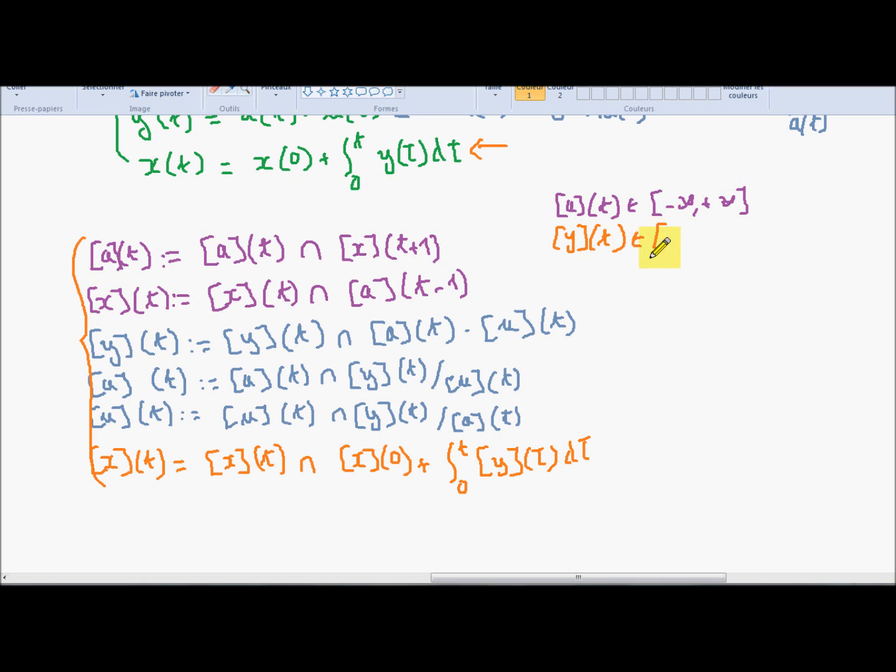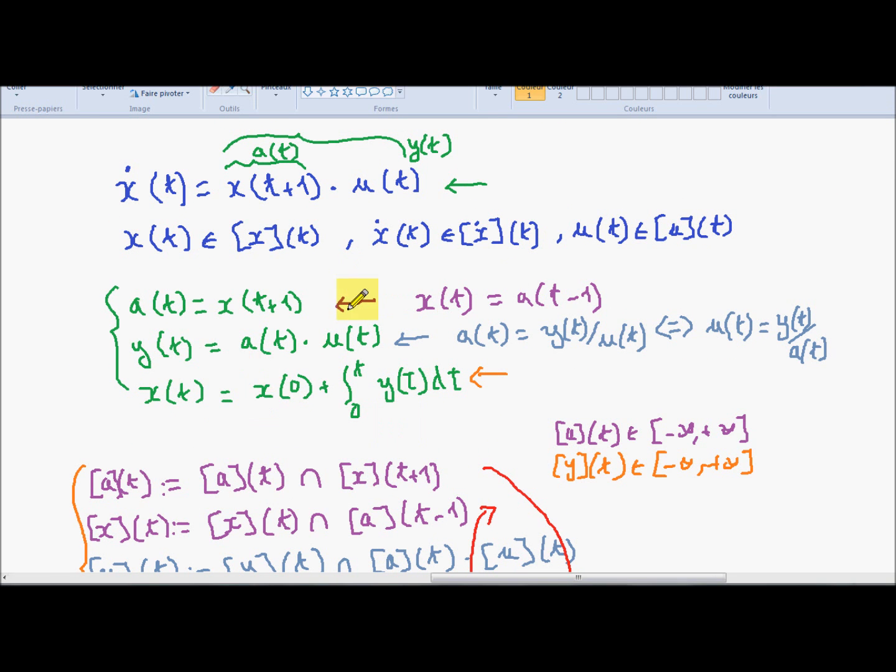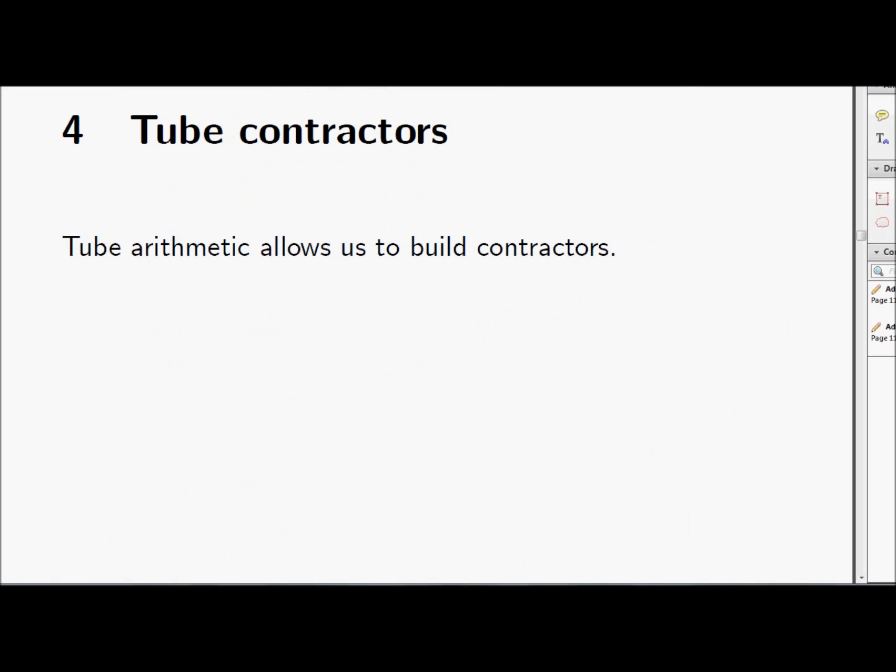If I apply all these equations several times up to the fixed point, then I will obtain a contractor for this equation. Okay, so this is what I wanted to explain here, that tube arithmetic is a good way to build contractors.